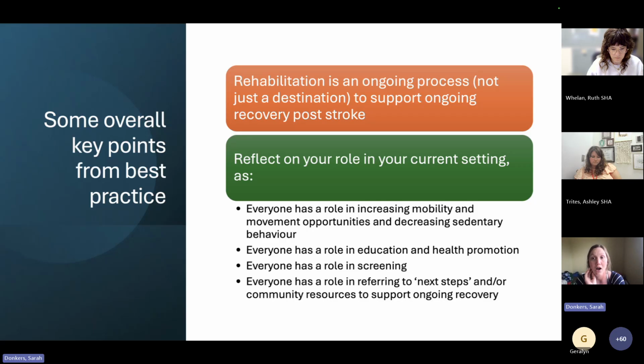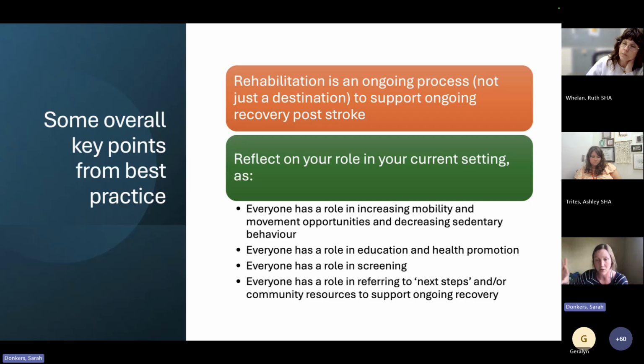Rehab is an ongoing process, not just a destination, and it's to support lifelong recovery post-stroke. And if you keep that in mind, I want you to reflect on wherever you are in the province, whatever setting you work in within our healthcare system, whenever you see people with regards to how soon their stroke was.